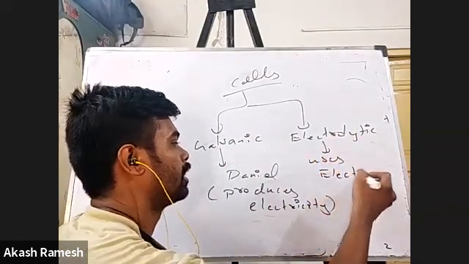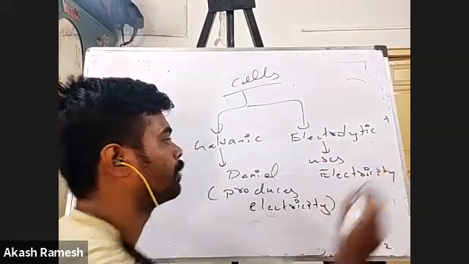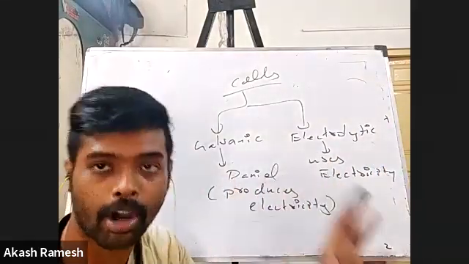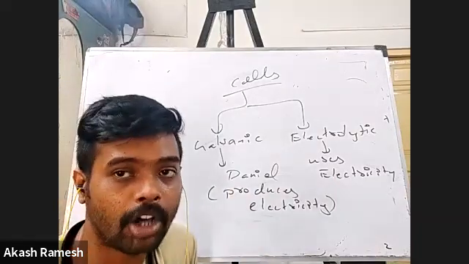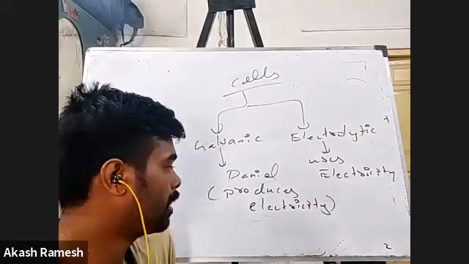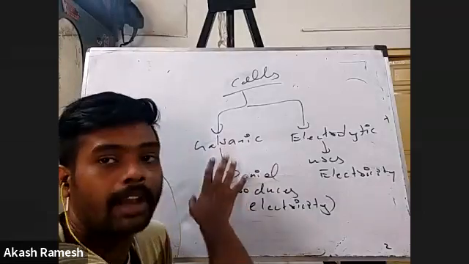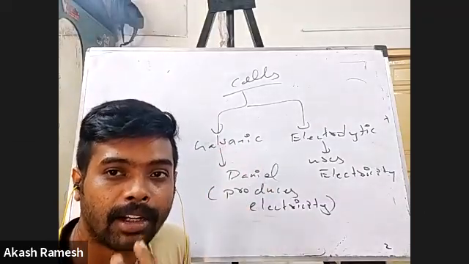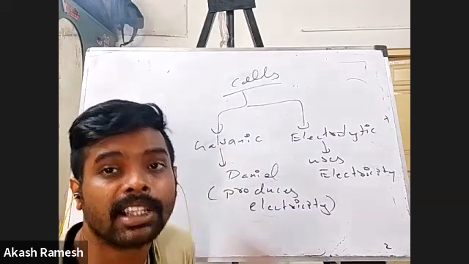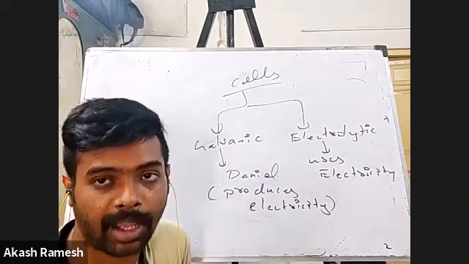In both these cases, some redox reactions are involved, no doubt about it, right? But in galvanic cells, I'm going to have certain reactions where energy is getting released, exothermic reactions, I would say, right?